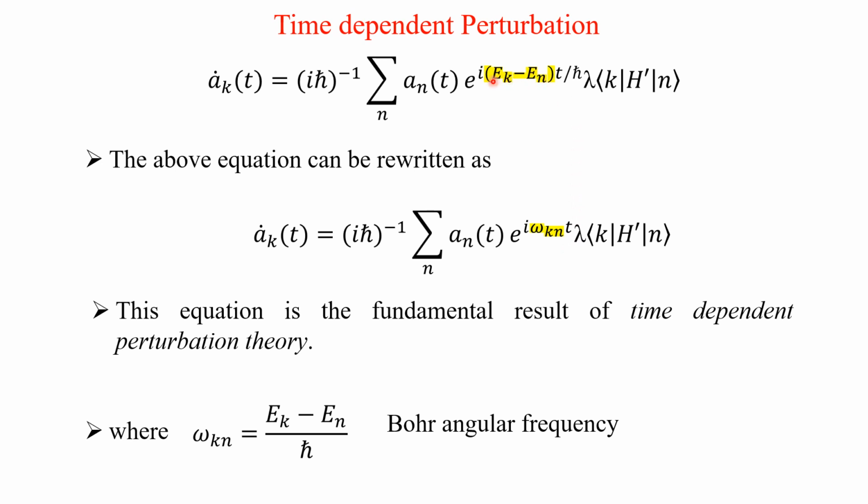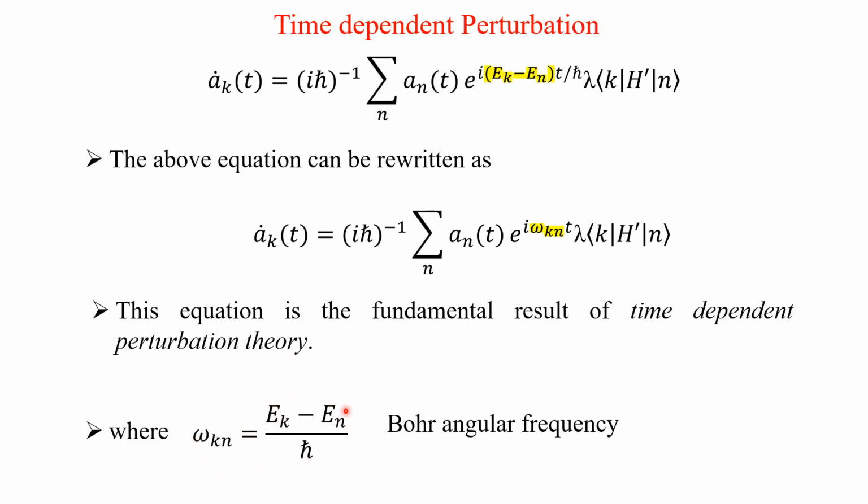So this will become the exponential term e to the power i omega_kn t. The important point is omega_kn is equal to E_k minus E_n over h cross, as I have told you just now.